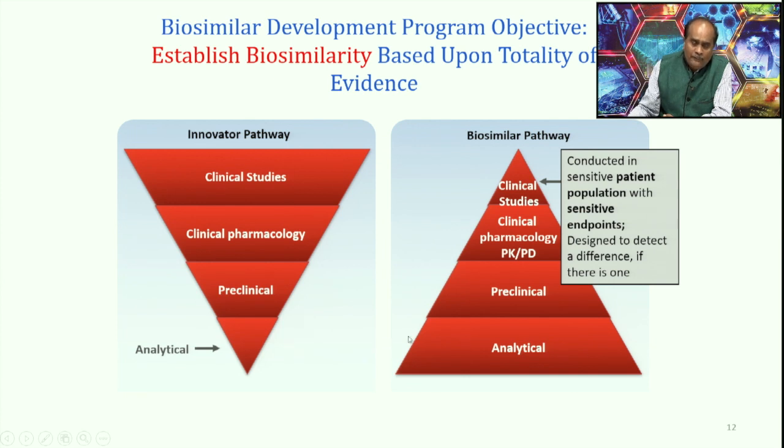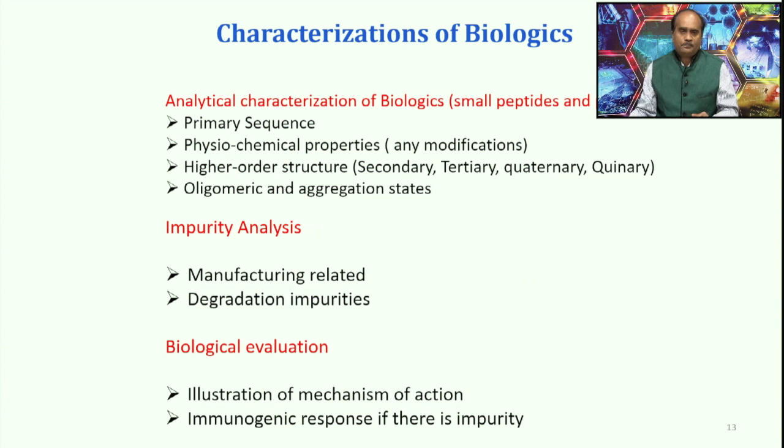So you do a very thorough analytical analysis, then you do preclinical, some less clinical pharmacology, PK/PD, and finally the clinical study, and that is conducted only on the sensitive population with sensitive endpoint to detect a difference if there is one. So in this case it is an inverted pyramid, that means robust analytical characterization needs to be done if we are going for a biosimilar production or manufacturing program.